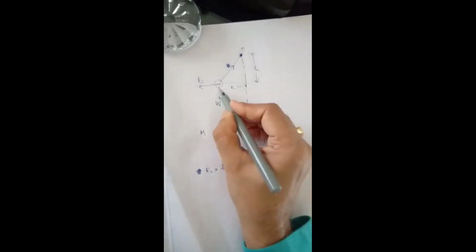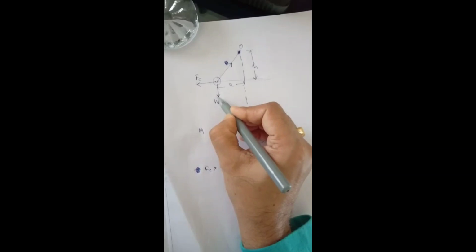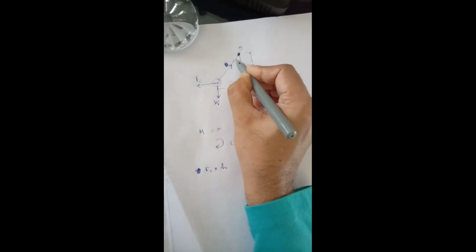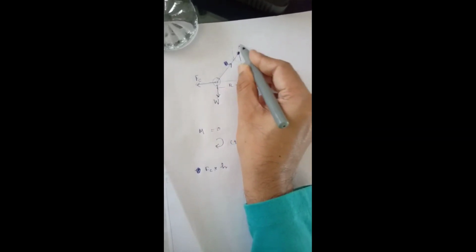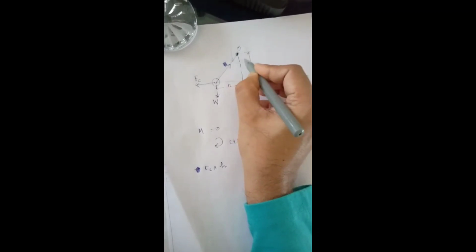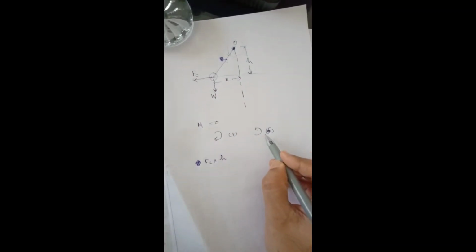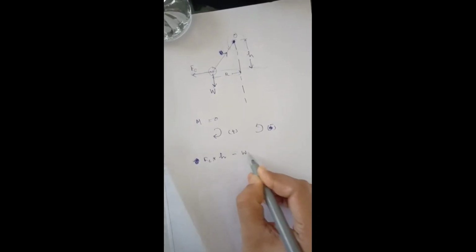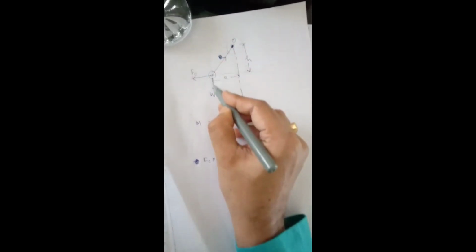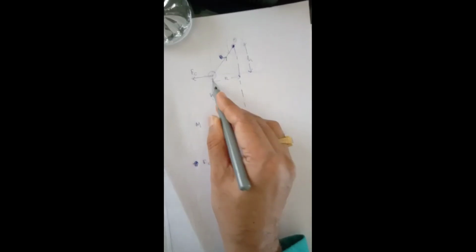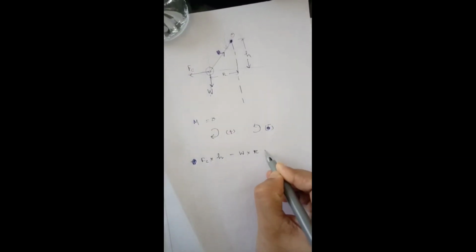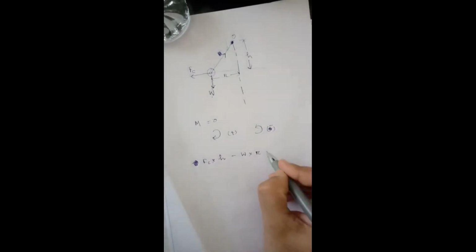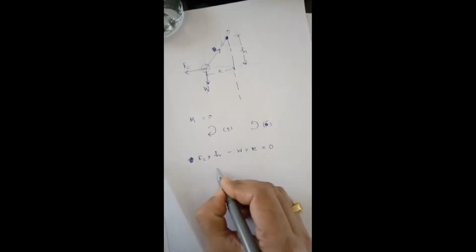Next, another force W. It will move in the anti-clockwise direction about that point O. So for anti-clockwise direction, negative sign. So minus W into what is the perpendicular distance? This is the line of action of W. This is the perpendicular distance R. There are no more forces, so it is equal to 0.